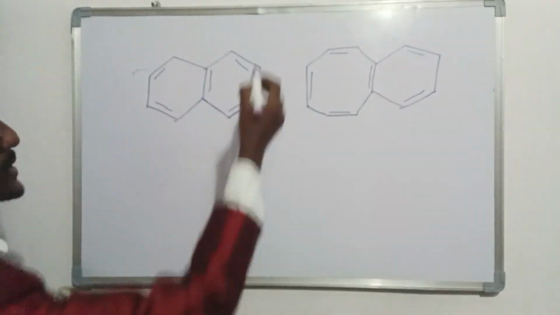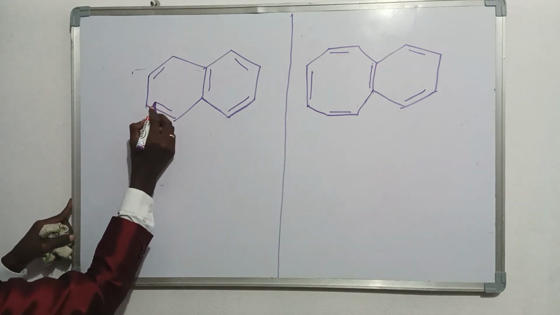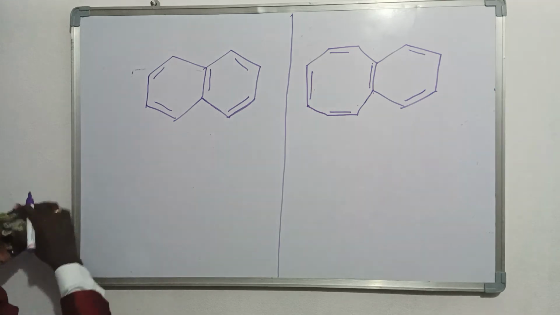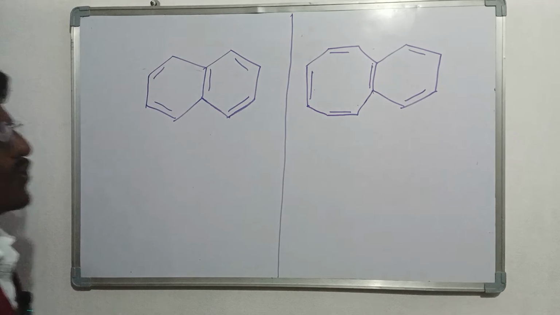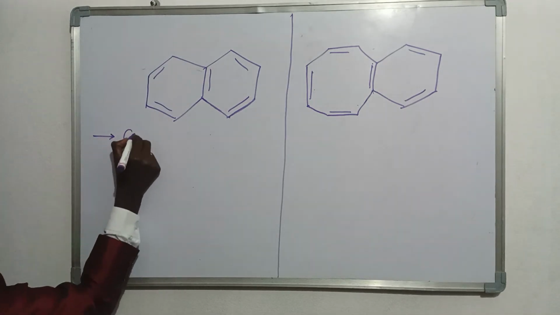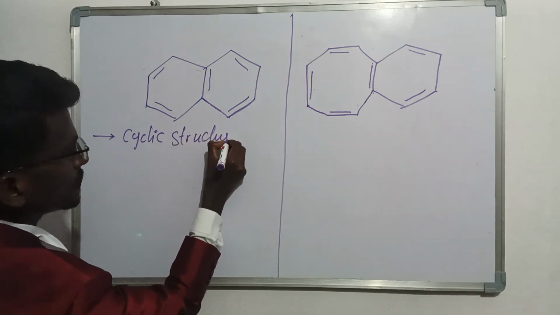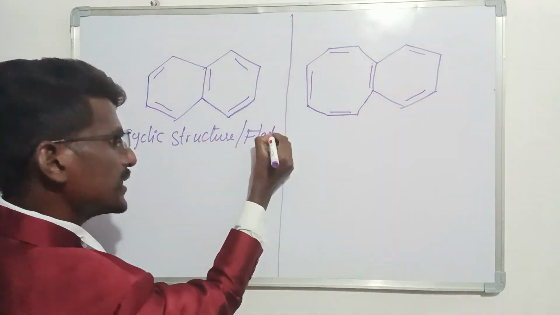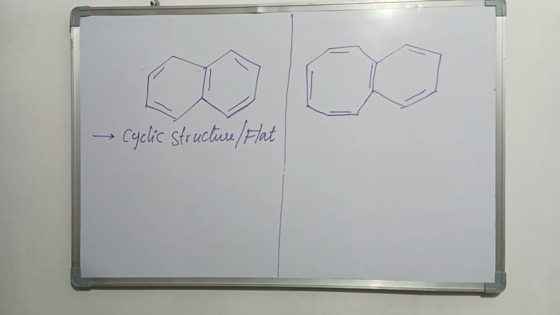So these are two more examples. It has a cyclic structure, and this structure is flat in nature, with a conjugated system.